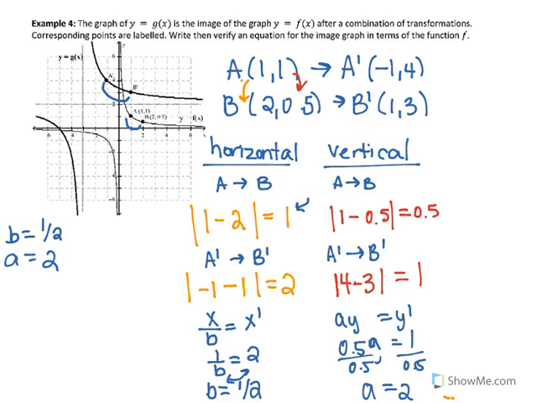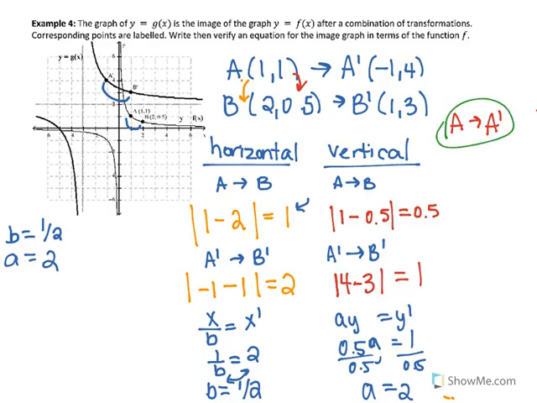Now what we need to do is figure out how much it's been moved left and right. So now we're just going to look from point A to A, or A to A prime, I guess.